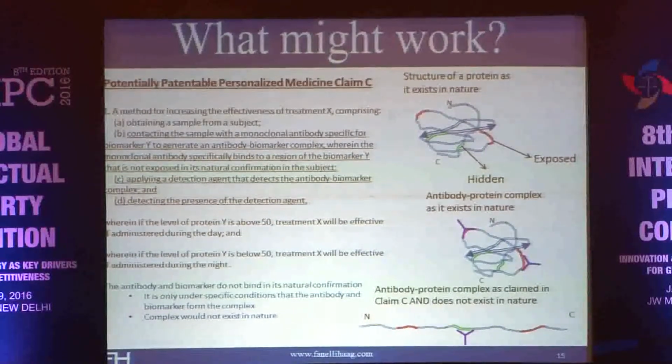That might be enough, because again, that doesn't occur in nature. So that might be something that would allow us to modify the claims to get these through. Again, as I said, these are all examples that suppose that you have this available to you.